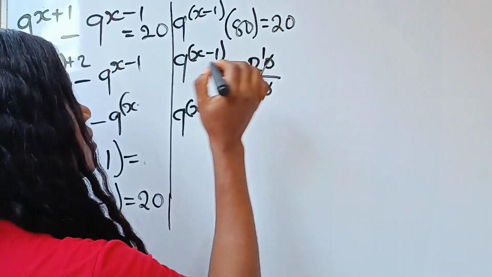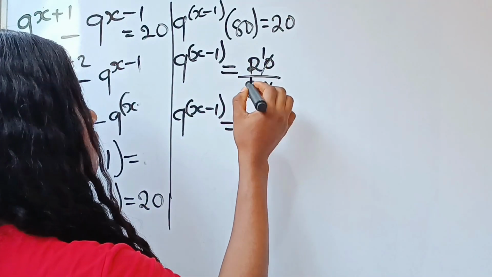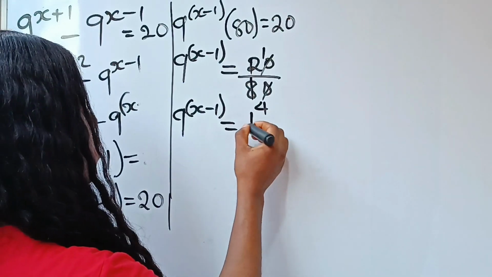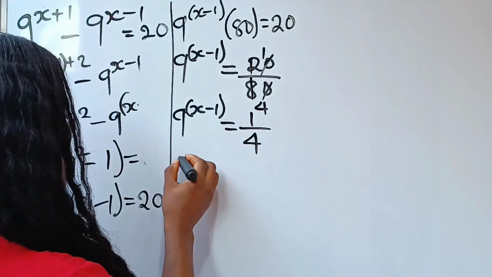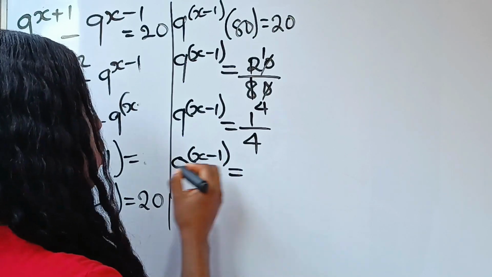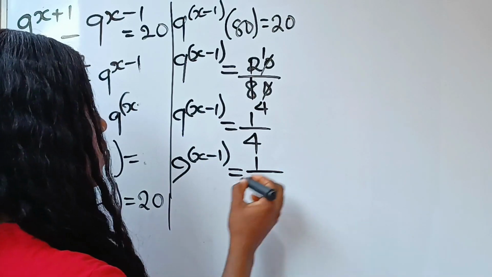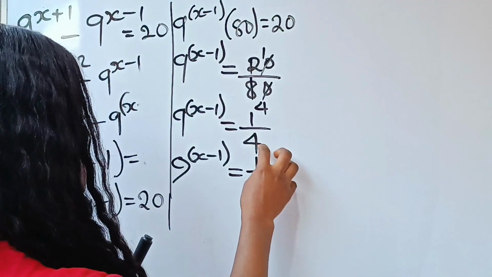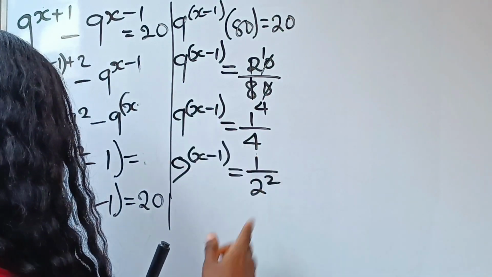Now 2 will divide itself to give us 1. If it divides 8, we have 4. So that means that what we have here is 1 over 4. So we have 9 to the power of x minus 1 is equal to 1 divided by 2 squared, because 4 is the same thing as 2 squared.